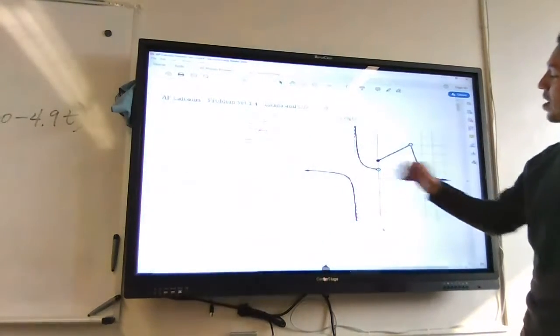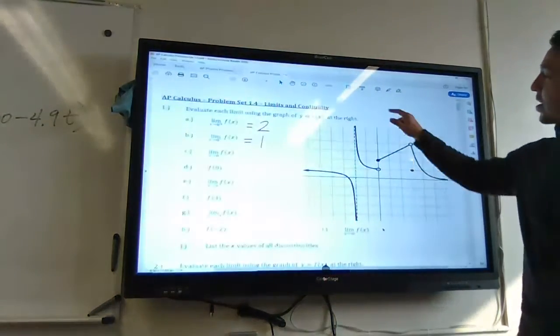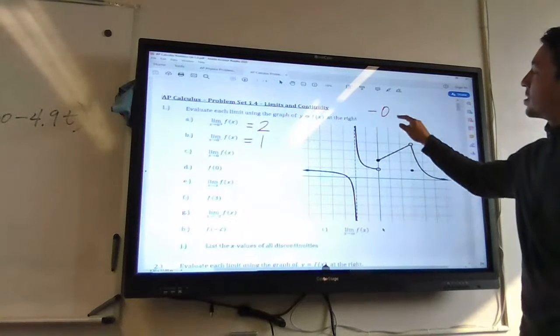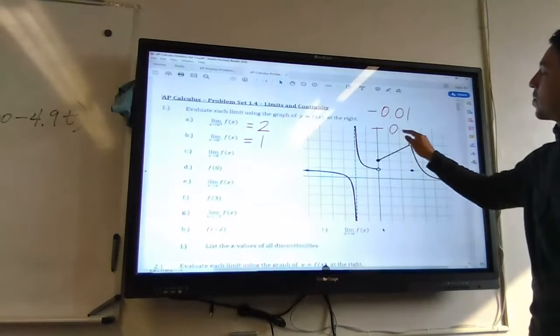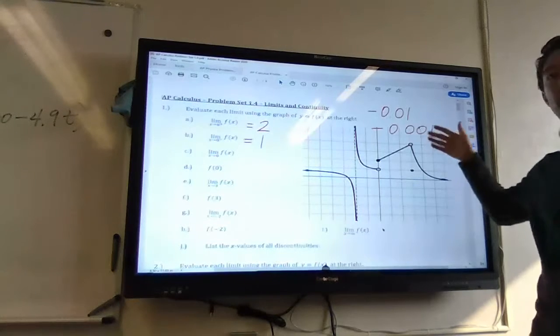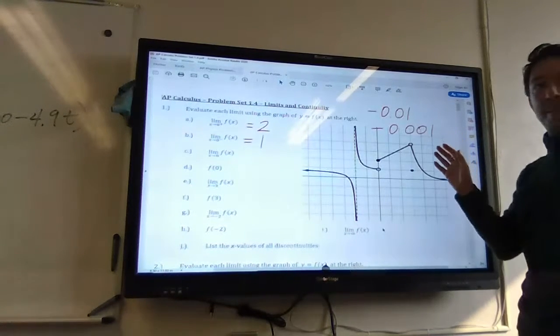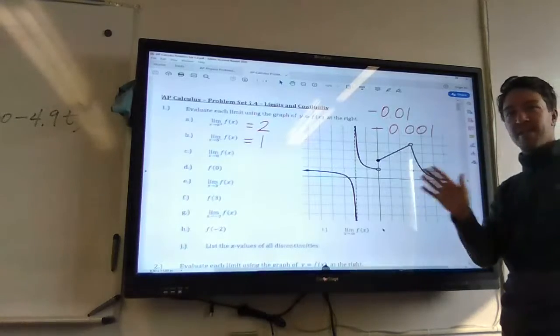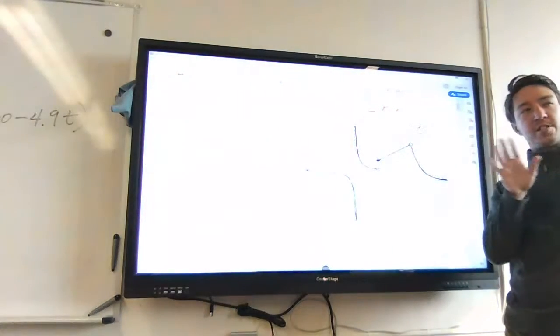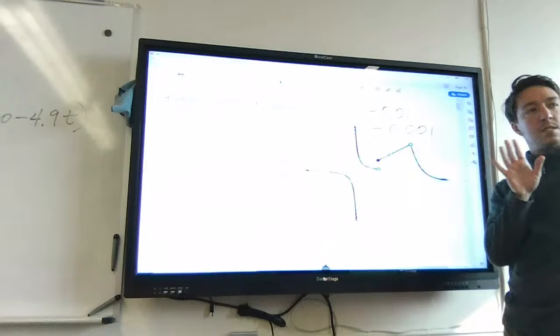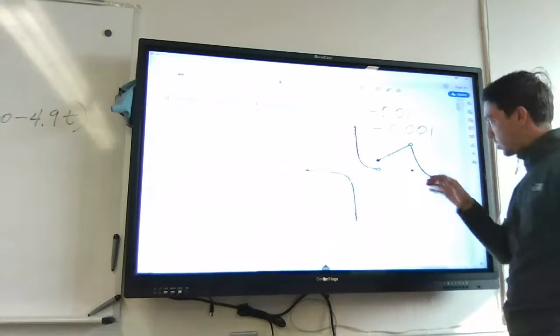So we'd be talking about, in this case, x values like negative 0.01, negative 0.001, and so on and so forth. I do not care in any way, shape, or form what happens when x actually is 0. So is there any clarification on that needed? Good with that? Okay, sweet.